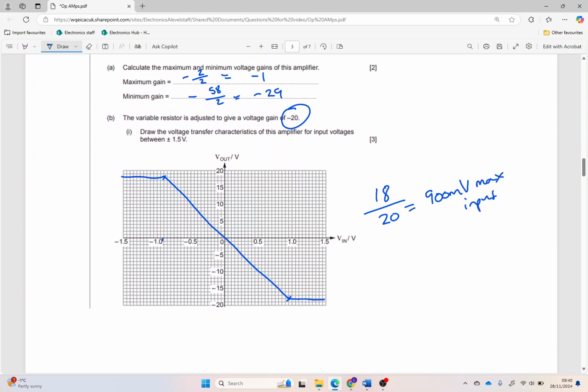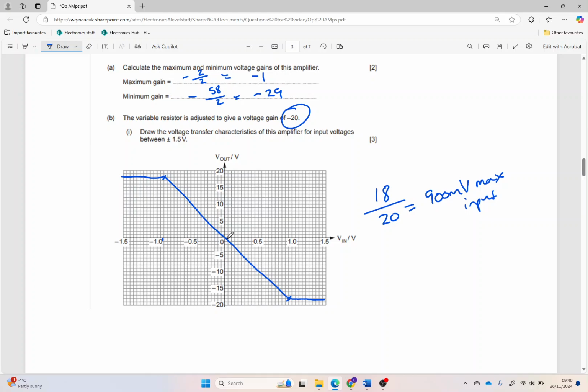The pen started working, so obviously what I did was identify where my 900 millivolts were, and where my 18 volts were, because I knew that the output would then saturate, and then I've got a negative gradient line there.